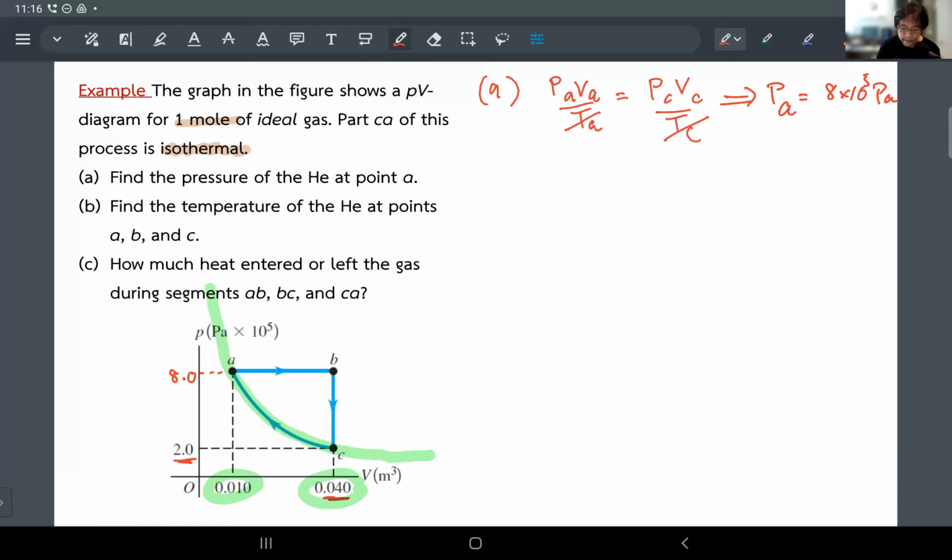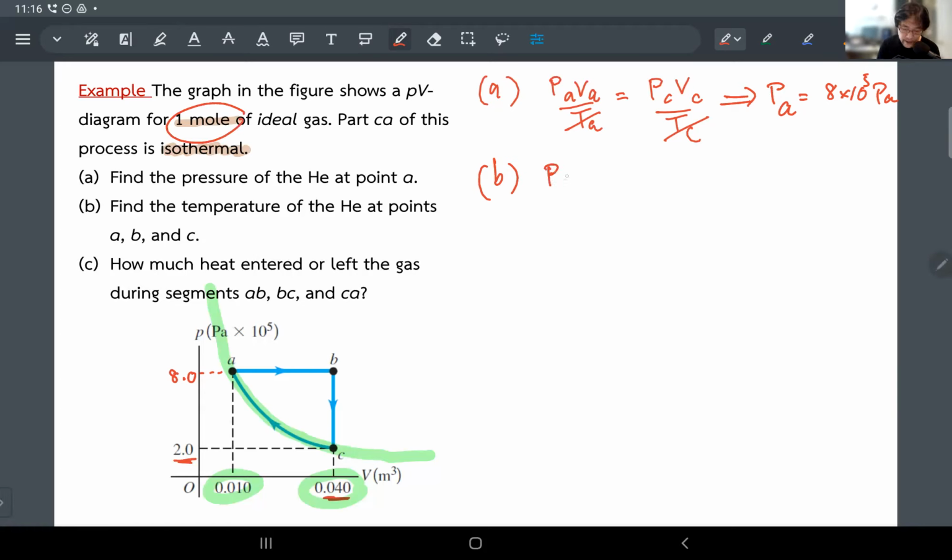Okay, part B. Anything? All right. So from the look of it, this is not bad, because if you look at point A, you know both P and V, and of course point C will do the same thing. So from that, actually, it is one mole of ideal gas.